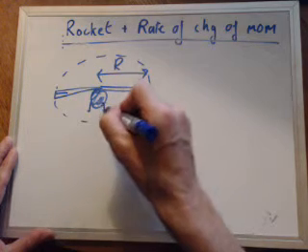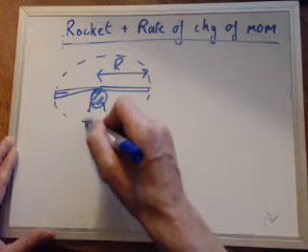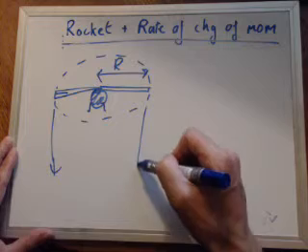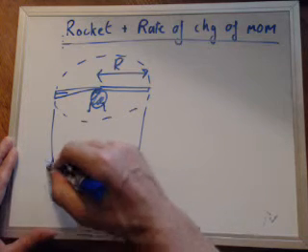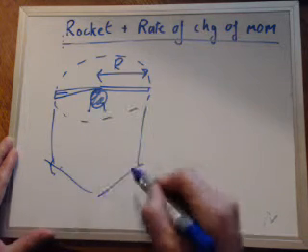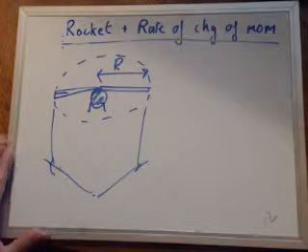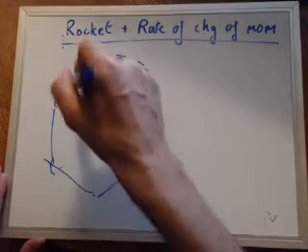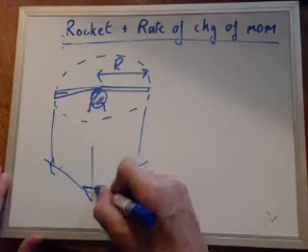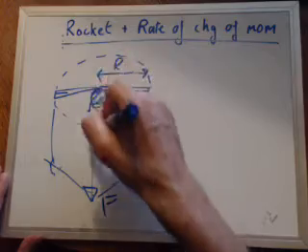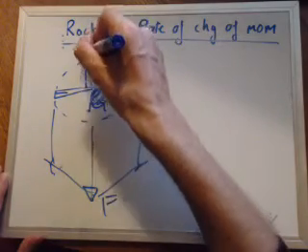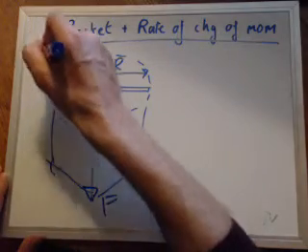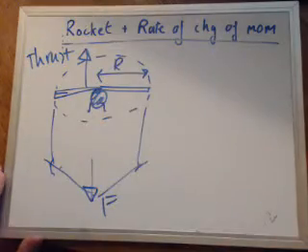Now it's producing air that's coming down from the blades, like that. Again it's producing a force acting down, so there must be a thrust, equal and opposite, acting up.